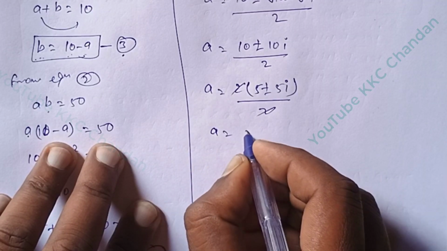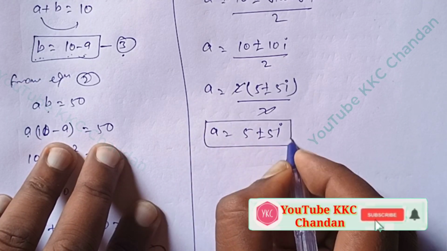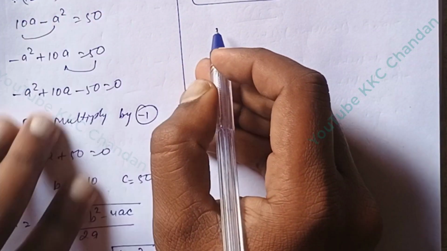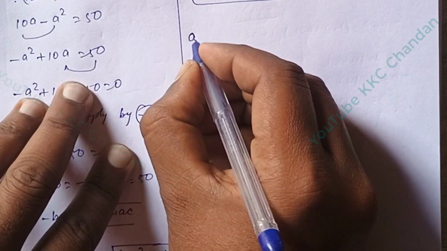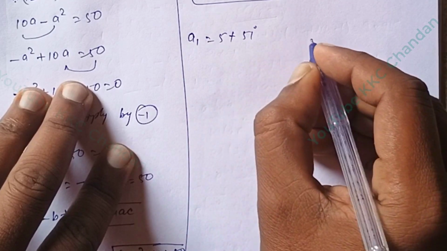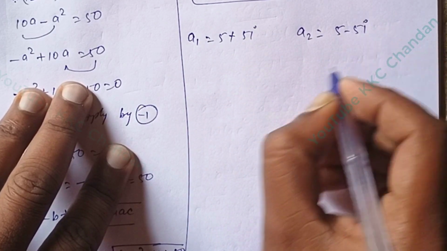So a is equal to 5 plus minus 5i. Here two a values came: a1 is equal to 5 plus 5i, and a2 is equal to 5 minus 5i.